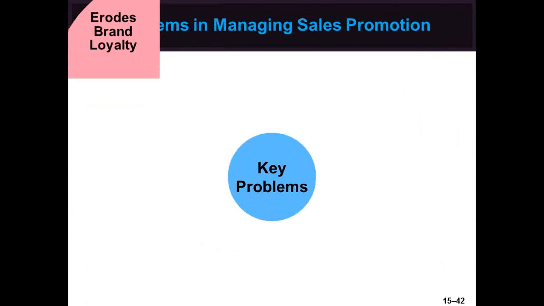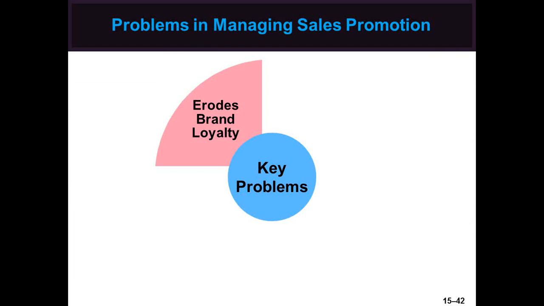In spite of the positive impact that sales promotions may have, there are potential problems in managing sales promotion. Does the sales promotion erode brand loyalty? In mature markets, customers and intermediaries may cherry-pick between competing brands to catch the best sales promotion discount at a particular time.